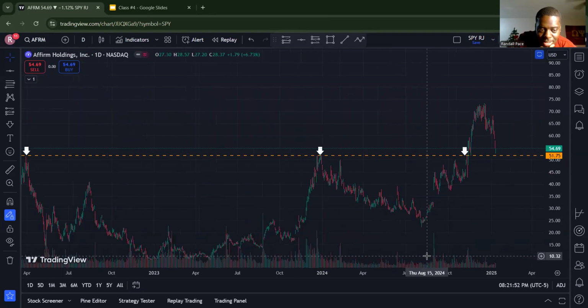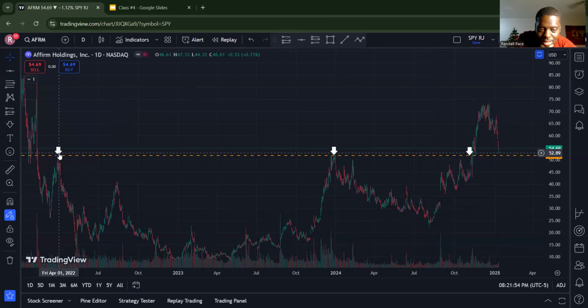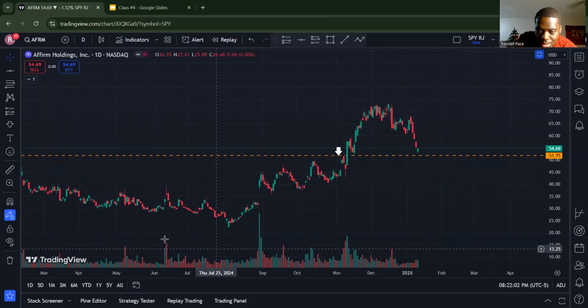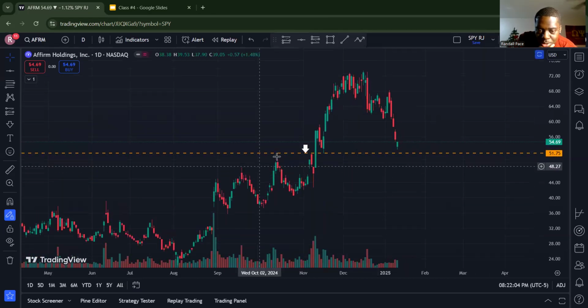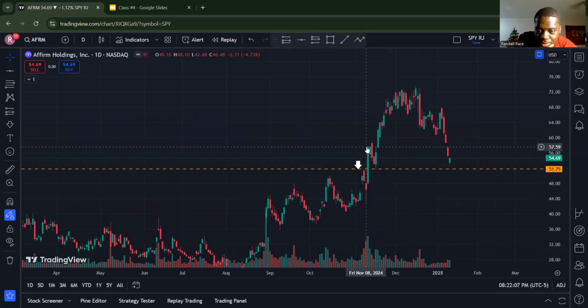But I say this to say, as far as the break and retest, this is the clear level. This was 2022 resistance, 2023 resistance. What did we do here? We broke out. We have a pretty sharp down move, and it gives us a nice green candle right off that level.